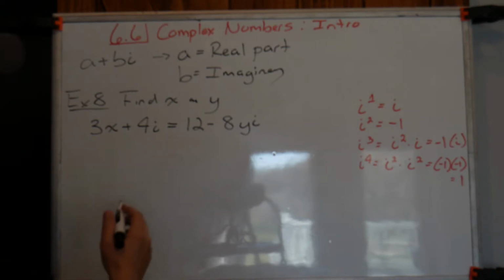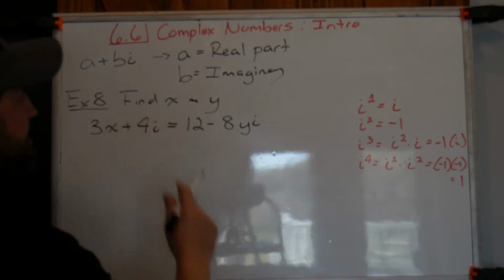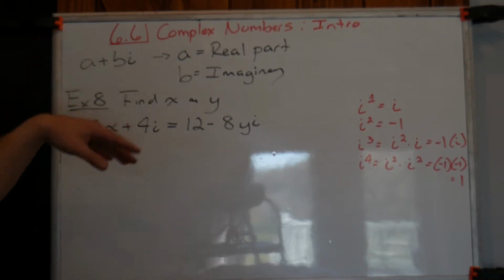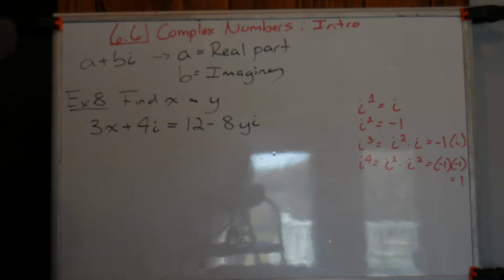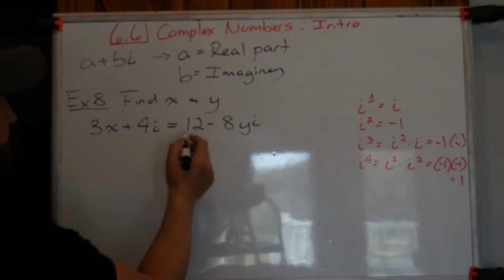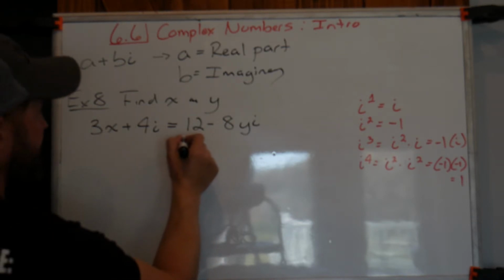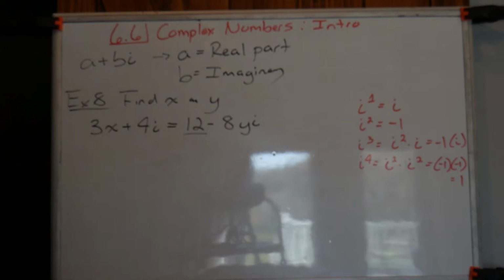Well, the rule up above that I mentioned, that I didn't write in this case because of my small whiteboard, is knowing that the real part has to equal the real part, and the imaginary the imaginary. My real part, remember this, that's a real value. I don't have i.